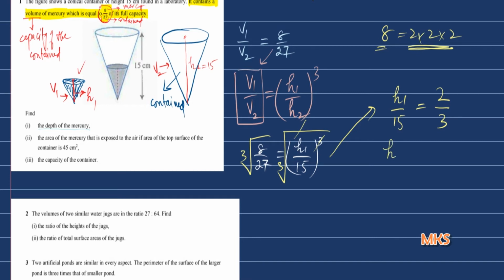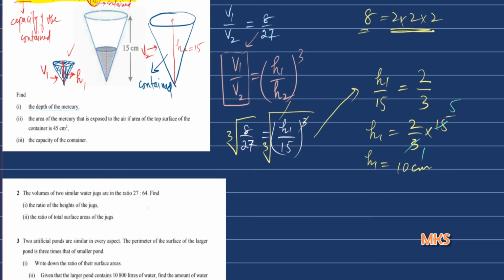Now H1 will be equal to 2 over 3 times 15. I have shifted this 15 which is in the denominator to the other side. If cancellation is done, 3 ones are 3, 3 fives are 15. So the answer will be H1 is equal to 5 twos are 10 centimeter. So the answer to the first question will be 10 centimeter.